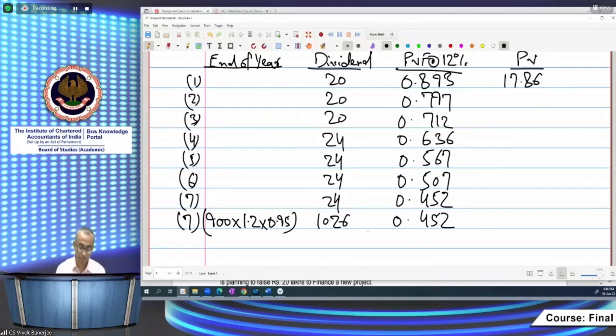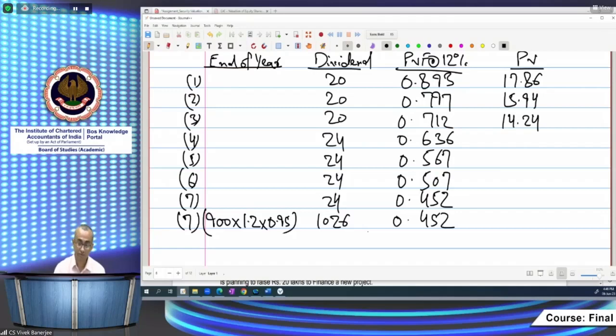20 into 0.797 is 15.94. Third year, 20 into 0.712, 14.24.